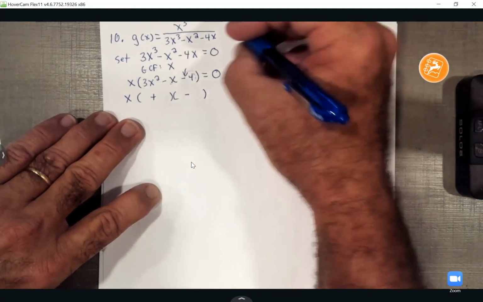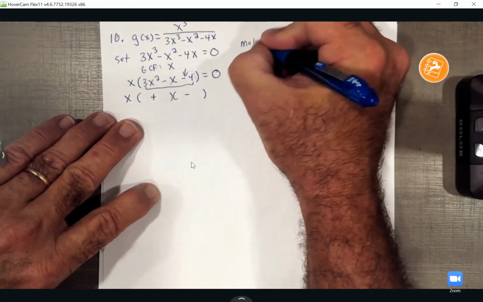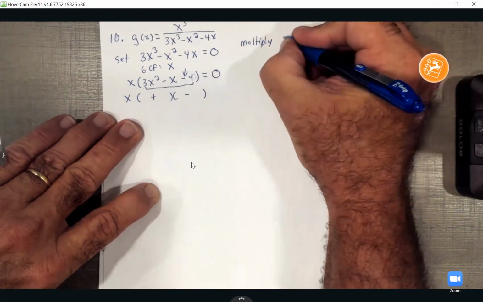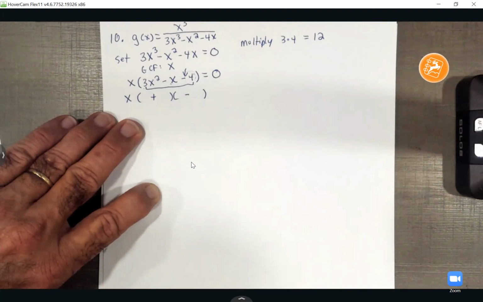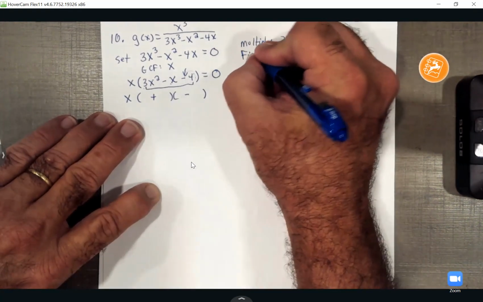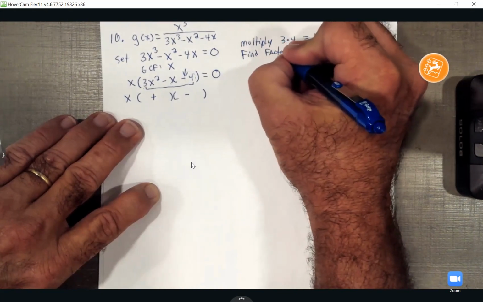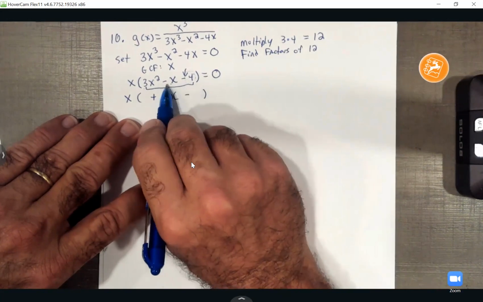When you've got a number in front, what you're going to do is multiply 3 times 4. That's going to give you 12. Now, find factors of 12 that'll subtract and give me 1.